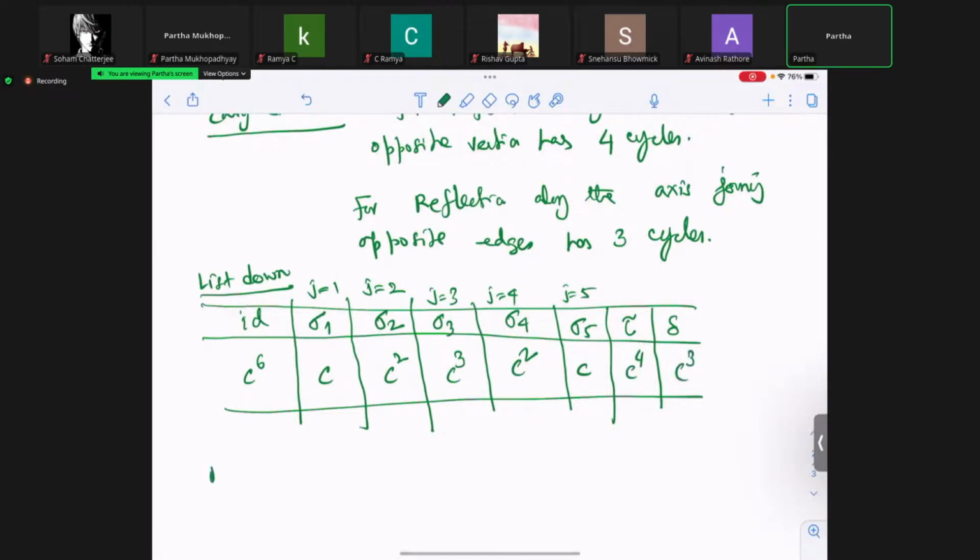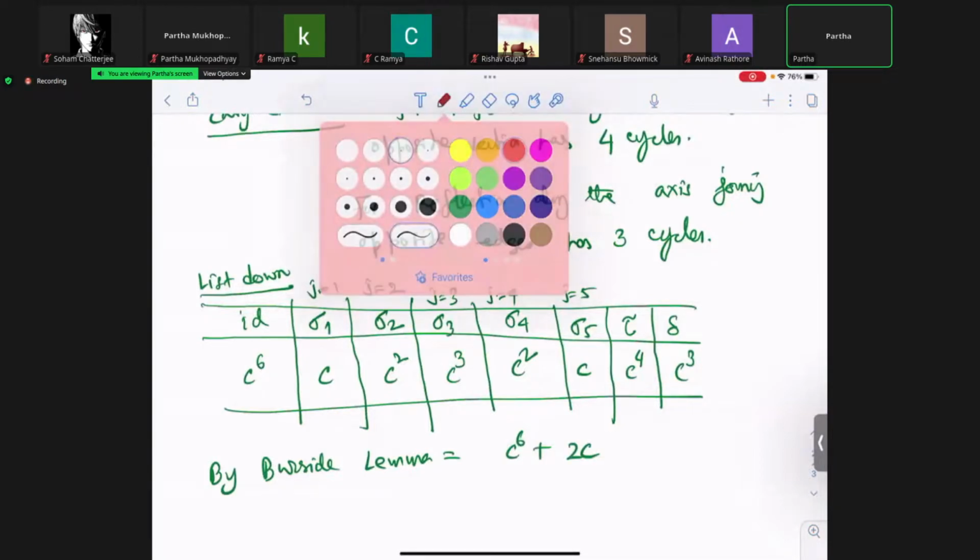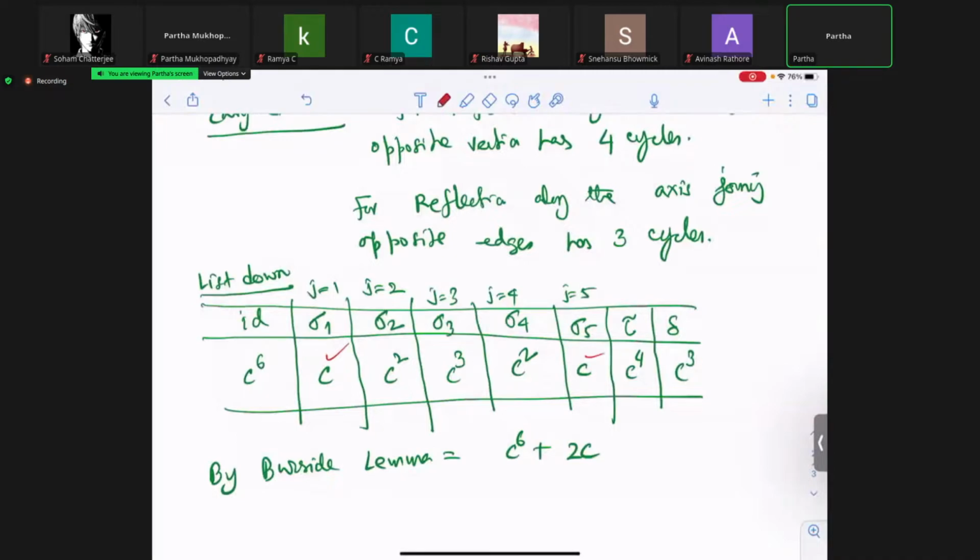Now by Burnside's lemma, what will be the number of different colorings? It will be c power 6 plus 2c plus 2c squared plus 3c power 4 plus 3c squared plus 1c cube. That's like 4c cube, and the c squared terms I missed, 2c squared.